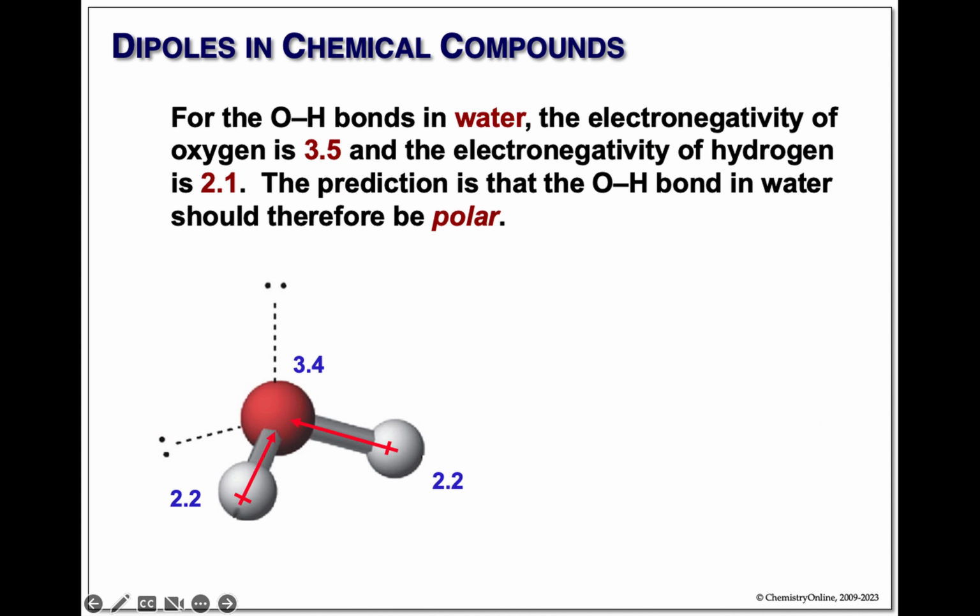That means that this end of the molecule is going to be positive. On this end of the molecule, we're not only sucking the electrons away from the hydrogen, but we have two unshared pairs of electrons. So it's going to be very electron rich.